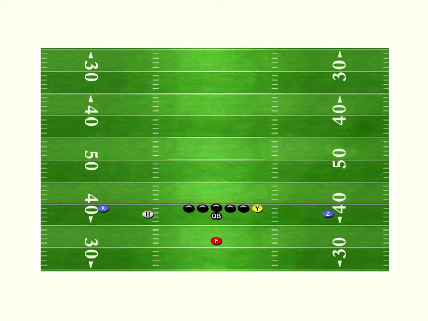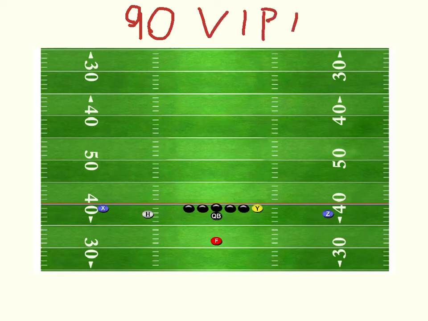The next route that we'll be looking at will be our Vipers. '90 Viper. Now for '90 Viper, it's a much easier concept.